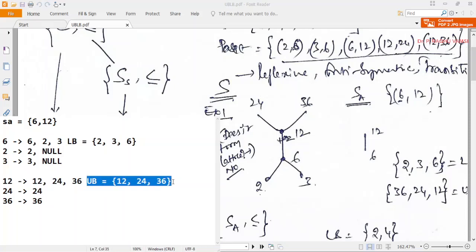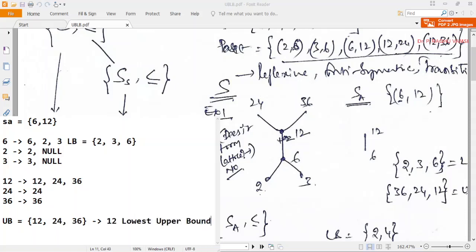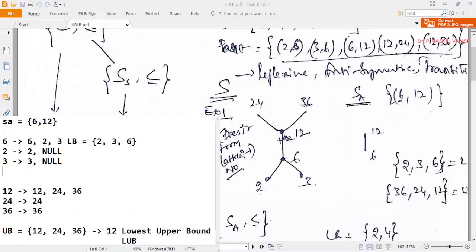Now from the upper bound, what is the lowest element? In this upper bound, 12 is the lowest element. Hence this 12 is said to be the lowest upper bound, or we can say LUB.